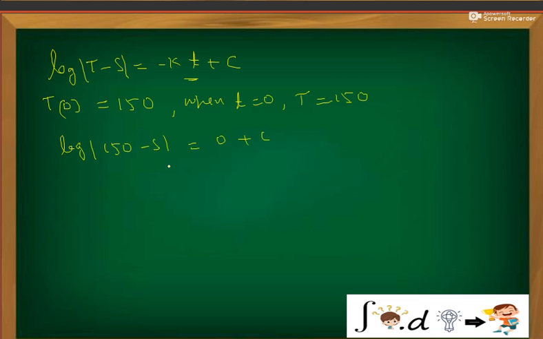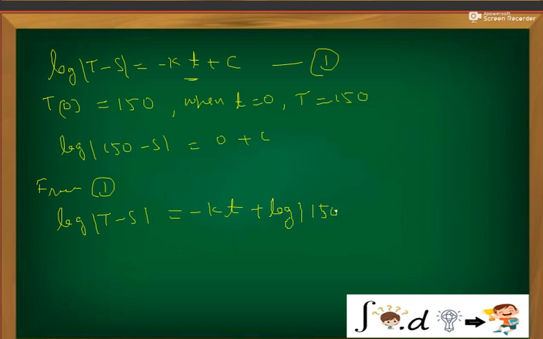It means C is equal to log of mod 150 minus S, and substituting in this equation number 1, it becomes log of mod T minus S is equal to minus Kt plus log of mod 150 minus S. Take this term to the left hand side and then use the properties of logarithms.